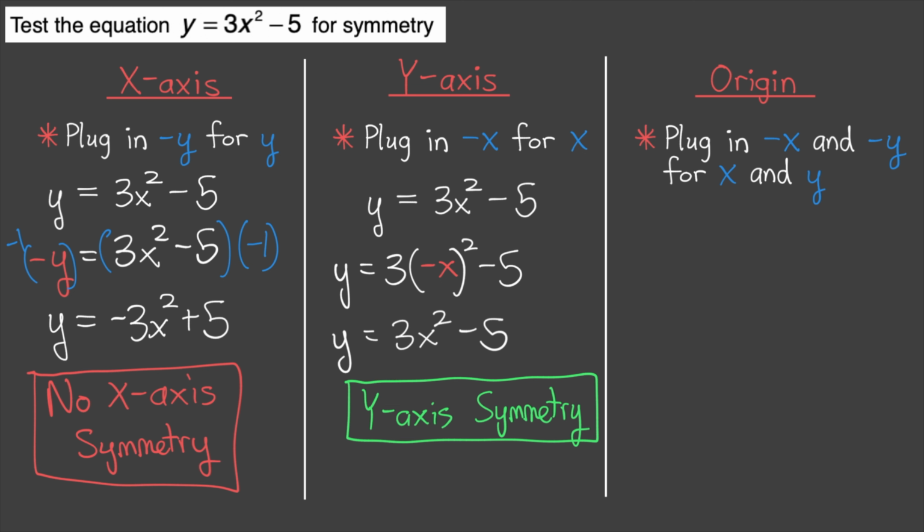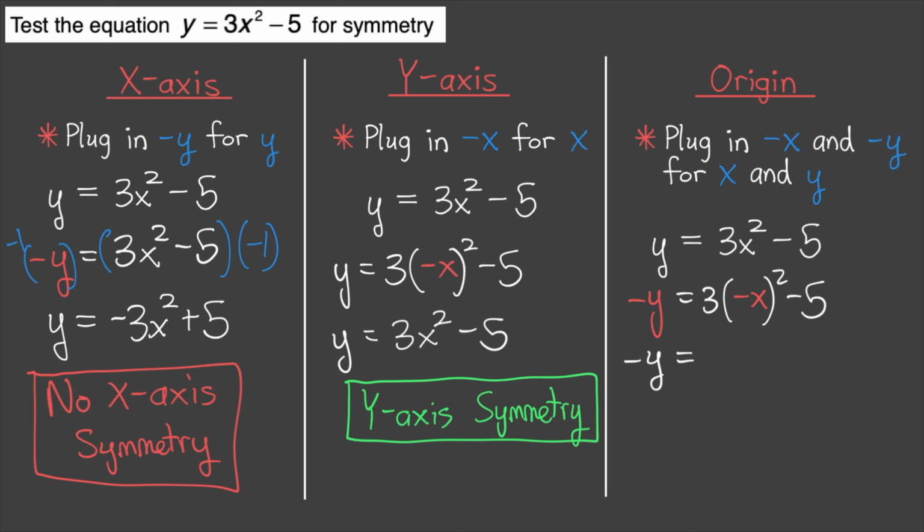Now let's test the origin. For the origin, we're going to plug in negative x and negative y for x and y. Let's simplify. The left side is just negative y for now, so we'll keep that. On the right side, we have negative x quantity squared, which is negative x times negative x, which is positive x squared, times 3, which gives us 3x squared and then minus 5.